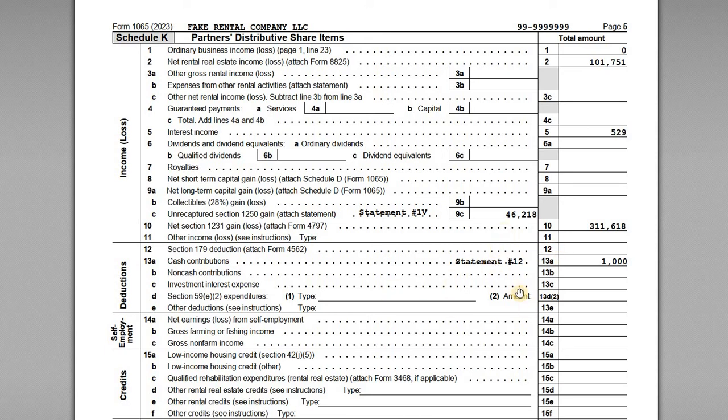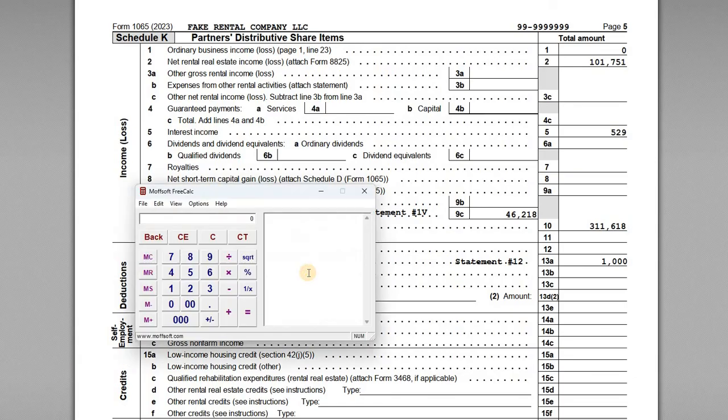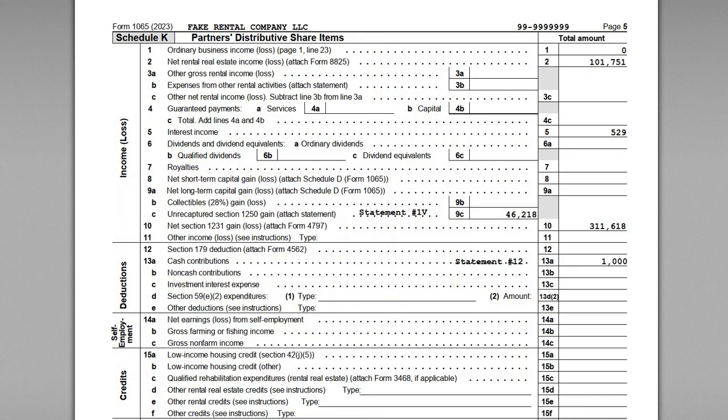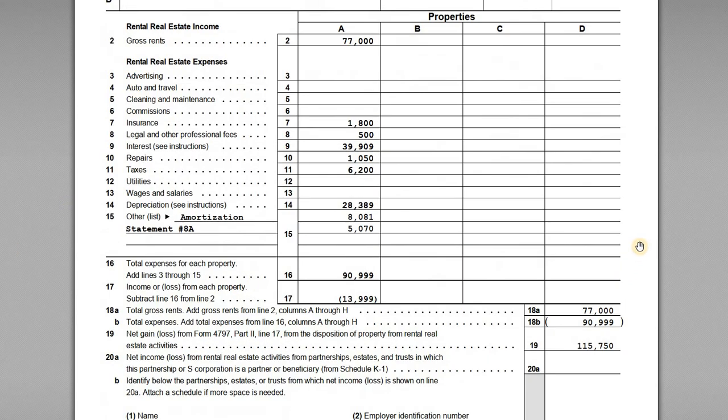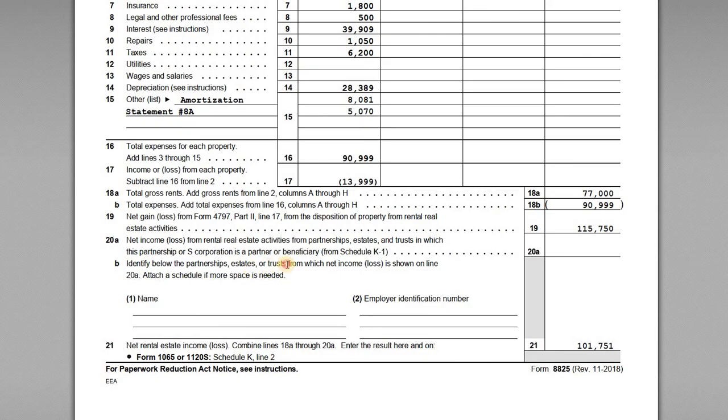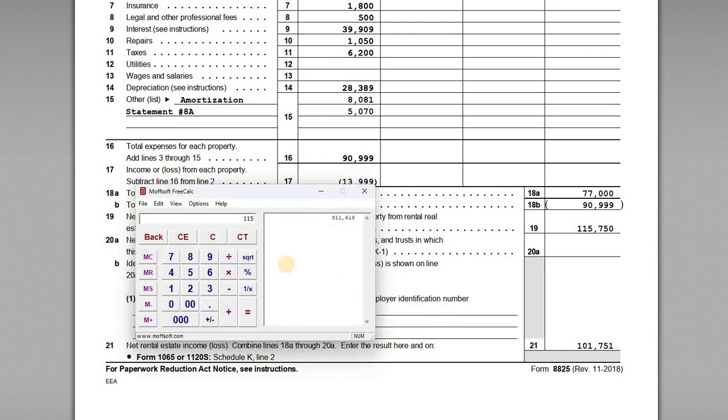Now it's important to remember that the unrecaptured 1250, this is a piece of the Section 1231 gain, right? So if we look at the return, the 1231 gain, $311,618, plus our ordinary income gain from the $115,750, that is our total overall gain, the $427,368, right?